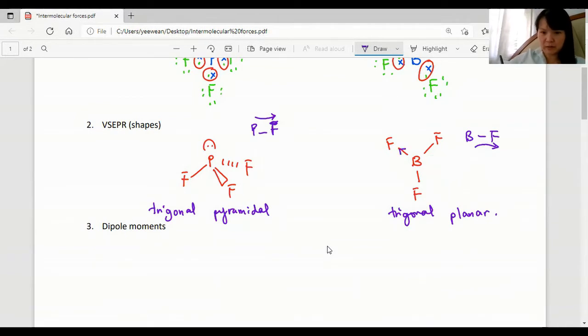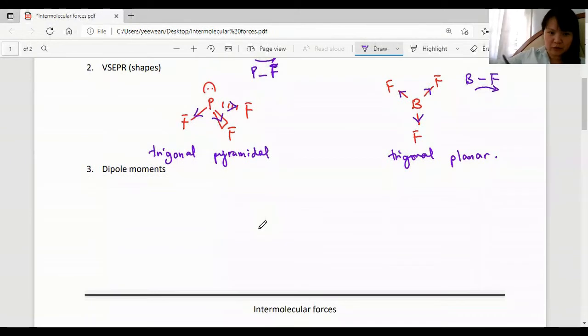So pull, pull, and pull. Let's see if it goes back to 0. If it pulls down and down and down, nothing's pulling it back up, so it doesn't go back to 0. So this has a dipole moment.